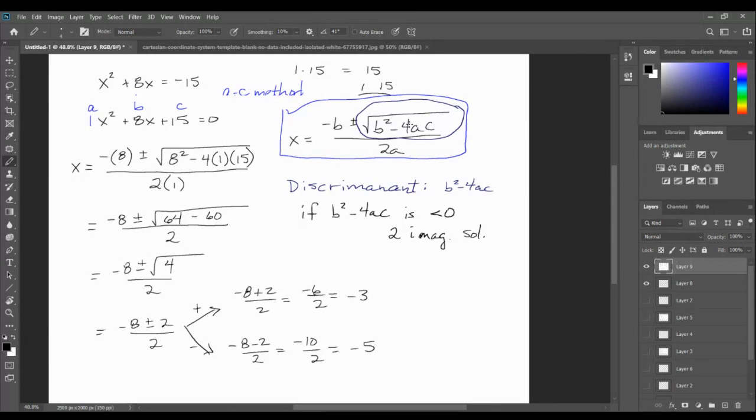We'll have the plus i and we'll have the minus i. So two imaginaries if that's less than 0.